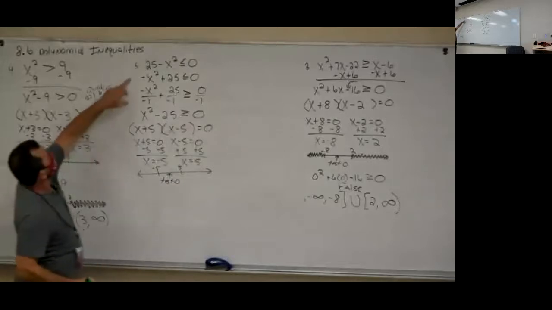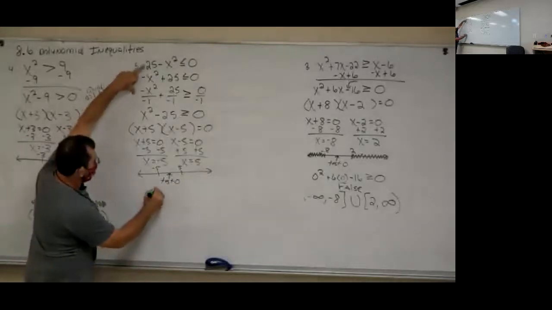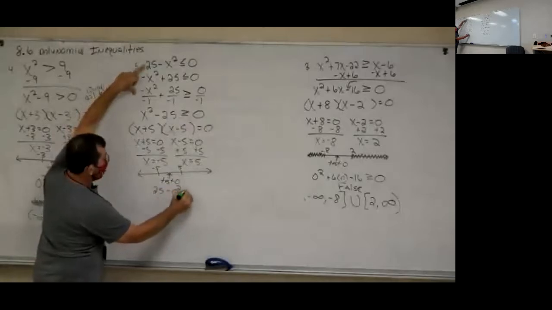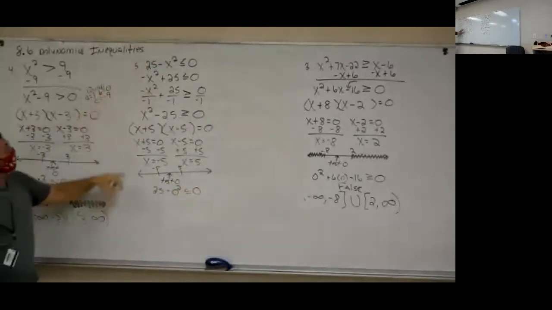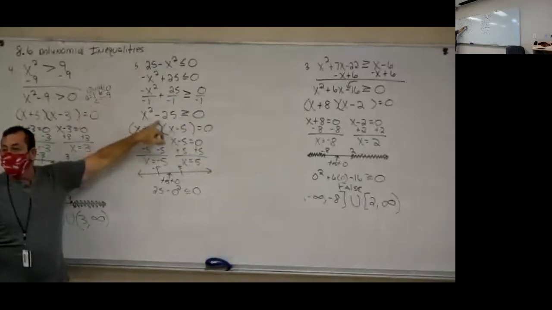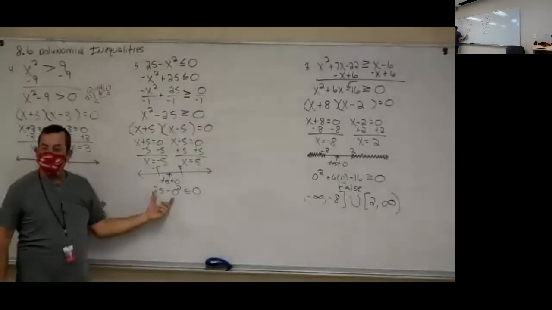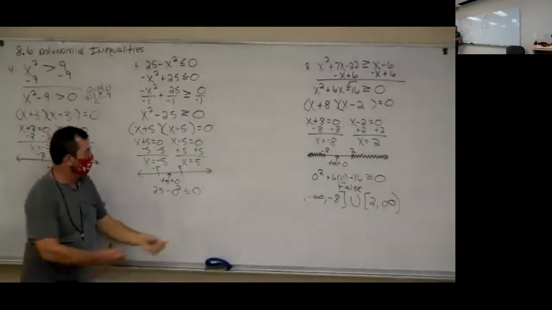So, yeah, you can even use this one. You would have 25 minus 0 squared is less than or equal to 0. Or you could have used this one where we flipped it. But in both cases, that thing's going to be false. So see, if this was 25 less than 0, it's false, right?